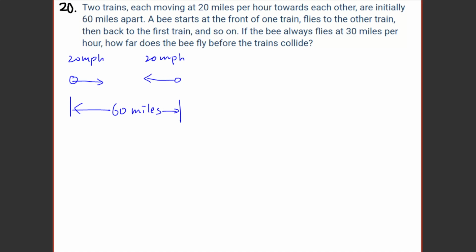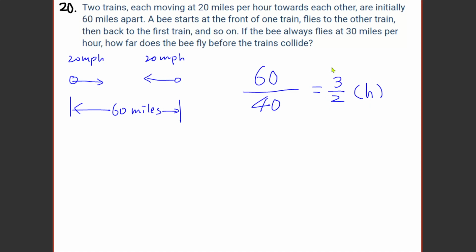Therefore, they will cover the 60 miles between them and collide in this time. 60 is a relative distance, 40 miles per hour is a relative speed, right? So that's actually 3/2 hours. So basically in 1.5 or 3/2 hours, these two trains will collide.